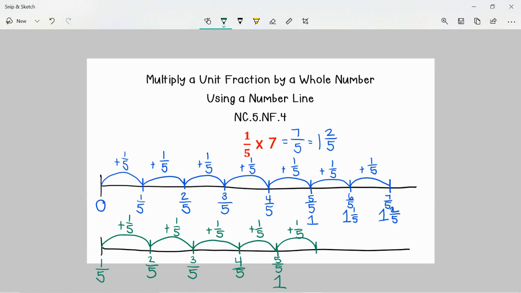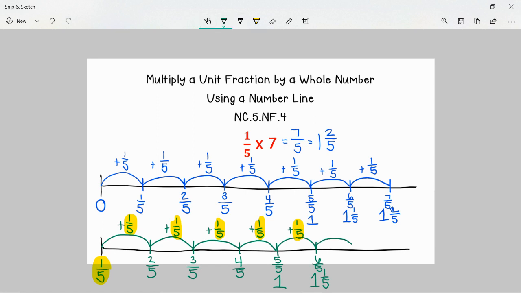Another 5th would be 6/5, or 1 and 1/5. And let's see how many more groups we need. So again, right here, this is one group of 1/5. We know we need 1/5 7 times. So there's 1, 2, 3, 4, 5, 6. So we need one more group of 1/5.